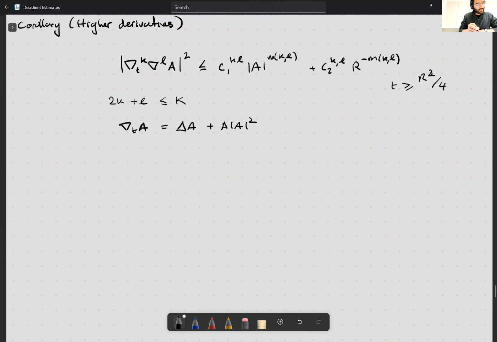All right, so let me state this corollary. We have these bounds on A, but we can easily make those bounds on A into bounds on H and its derivatives.